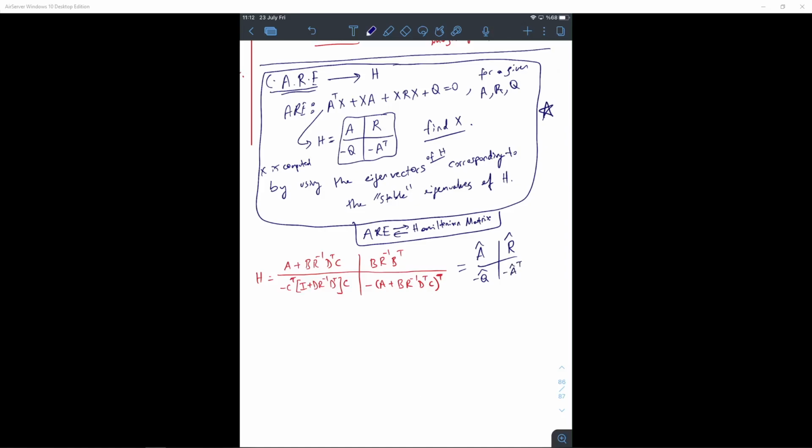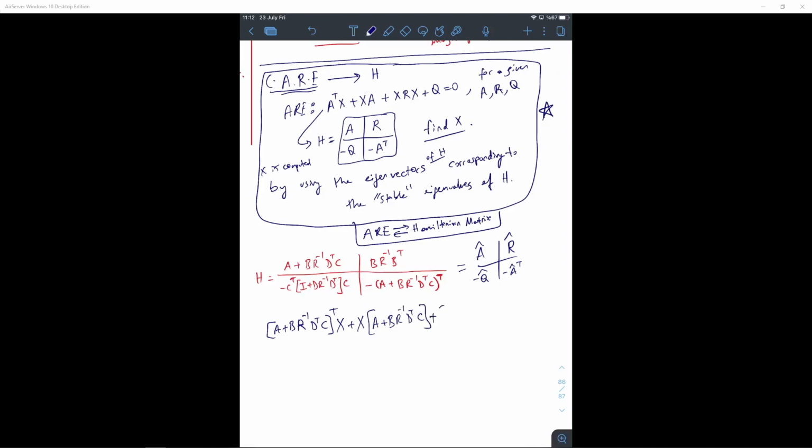So A transpose X: what is A here? A transpose plus B R inverse D transpose C, this was the A hat, transpose, X, plus X times A plus B R inverse D transpose C.